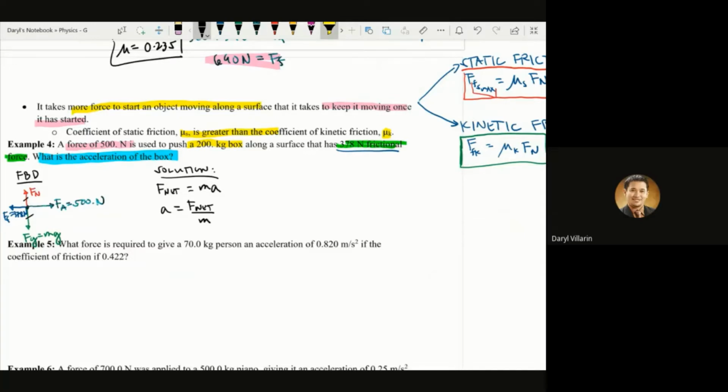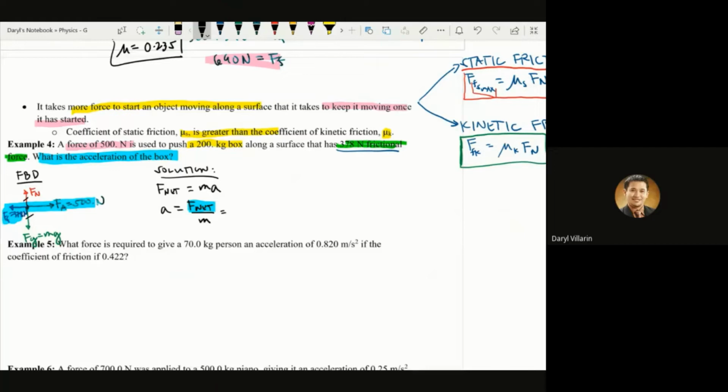Net force is not equal to 0 along X, so I'll be focusing on the forces along X. I'm going to expand my net force.